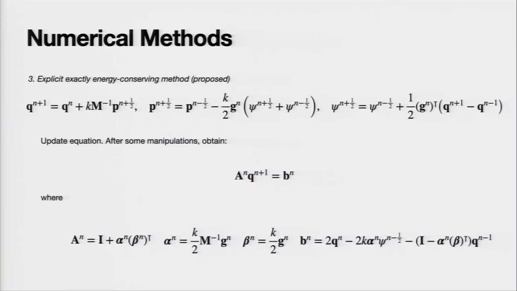So A and B are known, meaning that the coefficients in both the matrix A and the vector B are all known. But A is the sum of the identity matrix plus the outer product of a vector alpha and a vector beta. Meaning that A is actually a full matrix, it's not even sparse. So this system looks very complicated and inefficient to do, but this is the trick.